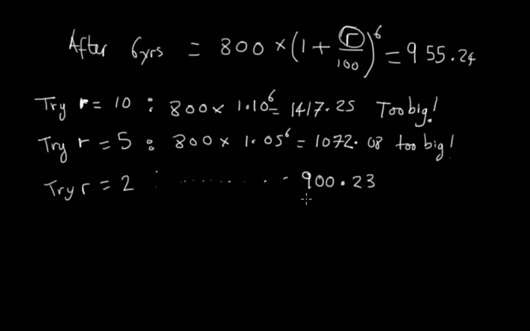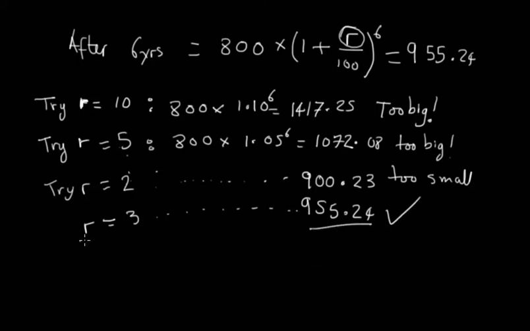Too small. So we've tried 2, we've tried 5, we need to go in between. Let's try R equal to 3. We slot all our numbers in and we come up with 955.24. Correct. So we now know R is 3%.